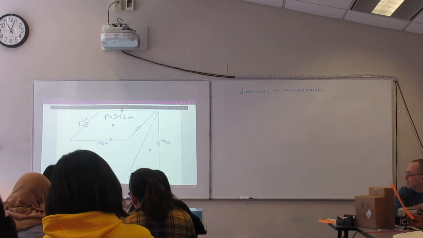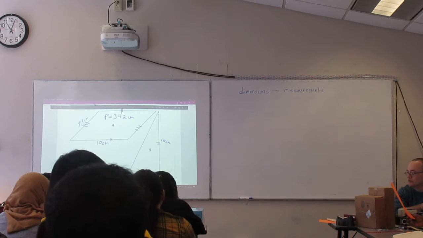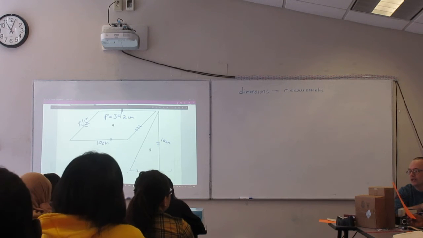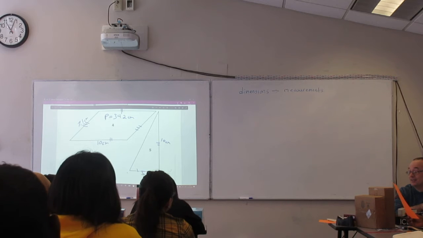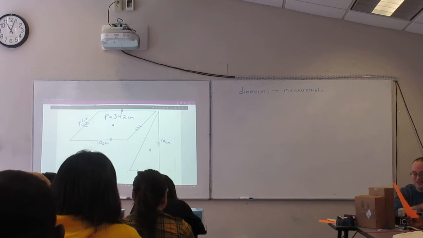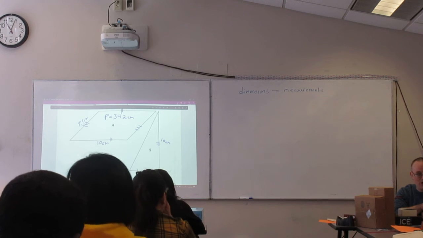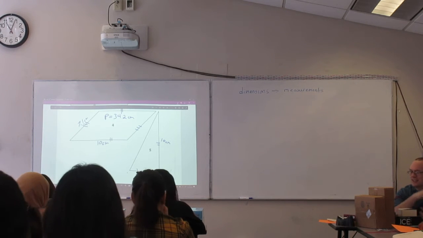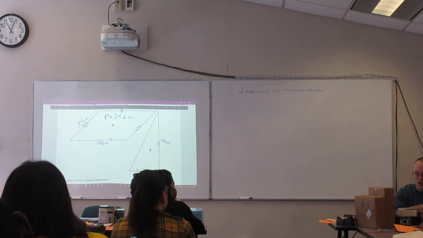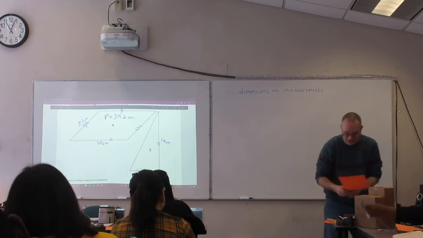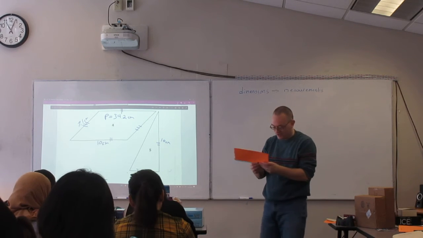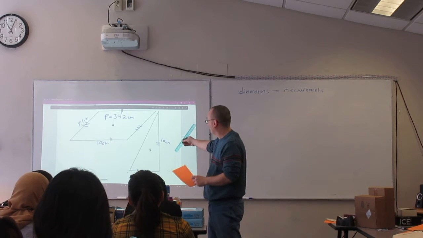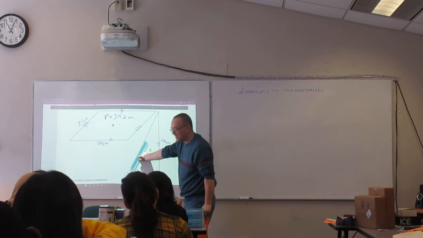11.2. 11.1, 11.3. I do 12. Is it all the way to 12? It doesn't go all the way to 12. 12 is actually too long. Let's just double check. 11.1. I can't really do it on the screen because that's a little bit bigger.